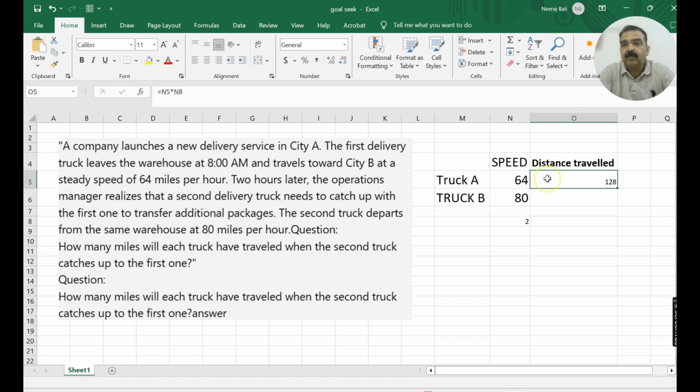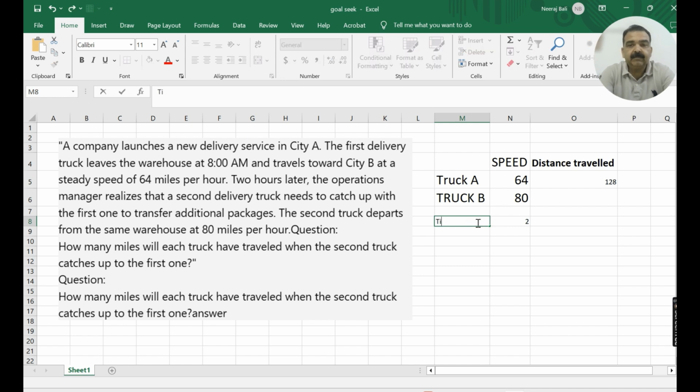So we put this formula here: N5 multiplied by N8, which is nothing but 2 hours. Let me clear this, time in hours.